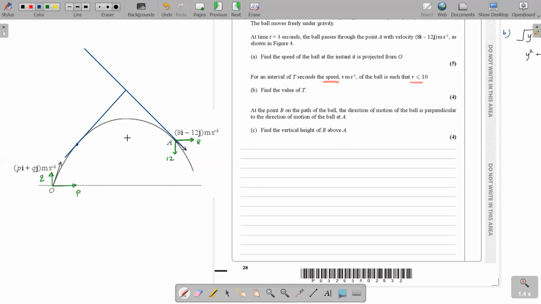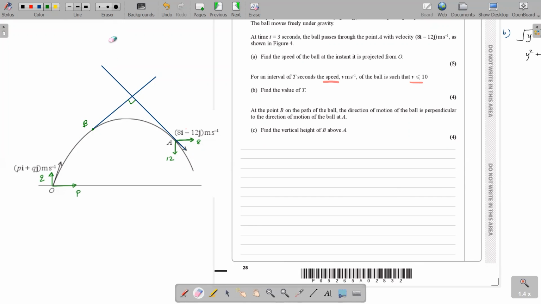So this is the height of B. I'm having a hard time drawing it, but basically, if you take this point B, a point B on the path, when you consider the speed, it will be at right angles to the direction of A.